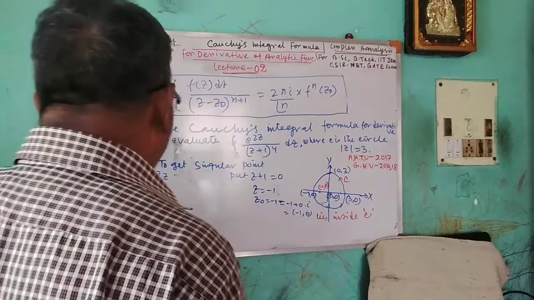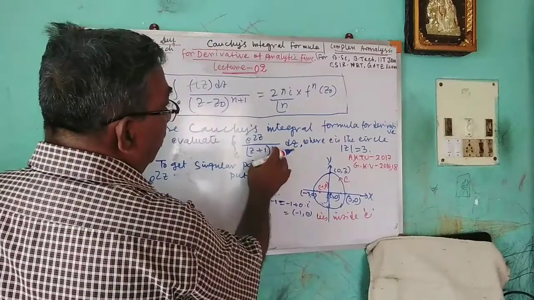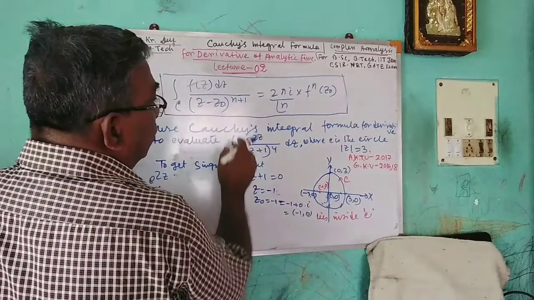Then by Cauchy's integral formula for derivative, since the power is 4, we have to put n equal to 3. This is the formula.